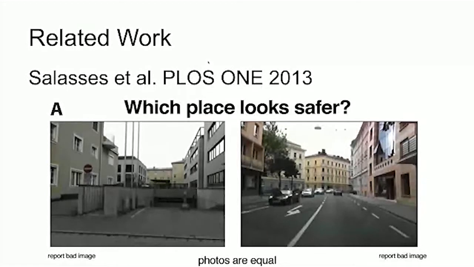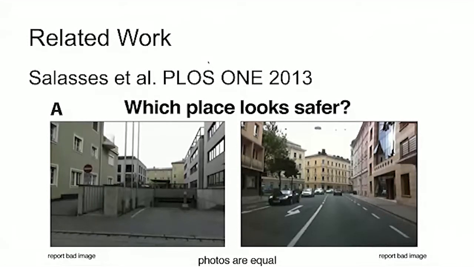In 2013, there was this work from MIT. What they did was they collected a data set of images, and all these images had attributes associated with them. So for example, for each image you have, does it look safe? Does it look like an image from a wealthy neighborhood? Does it look like it's unique?